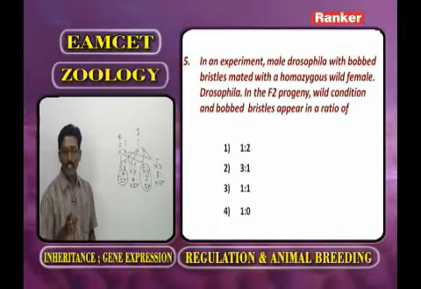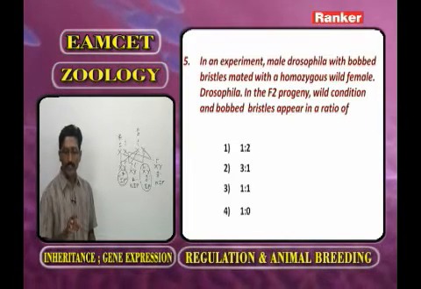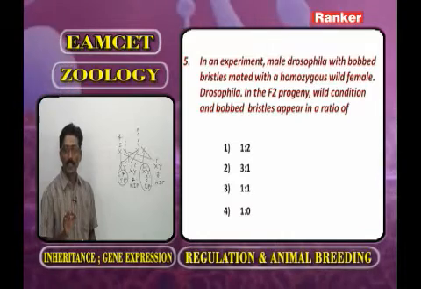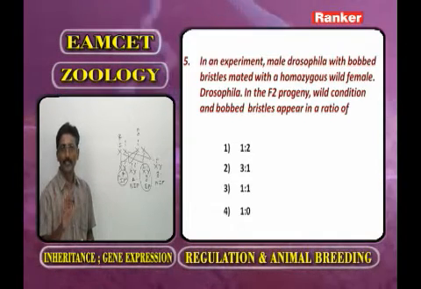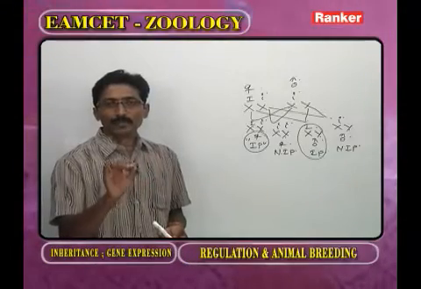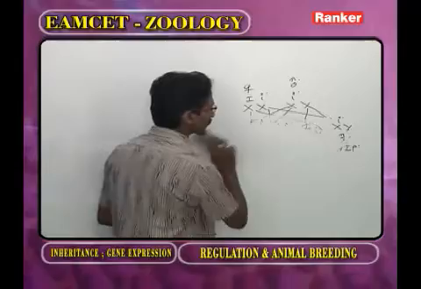Here we are asking: male Drosophila with bobbed bristles mated with a homozygous wild female. What is meant by wild? The bristles are normal. What is the meaning of bristle? Hairs. What is meant by wild bristles? Normal hairs. What is meant by bobbed bristles? Short hairs. Now we go for the cross.